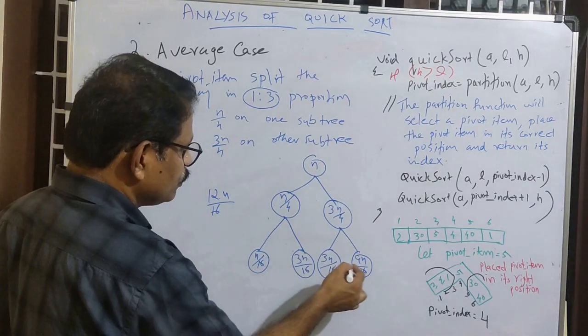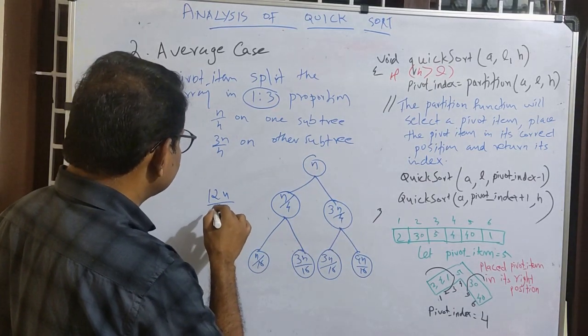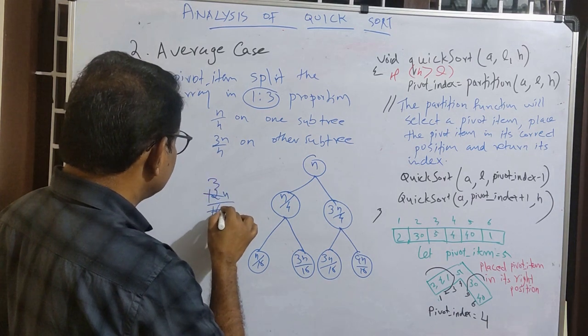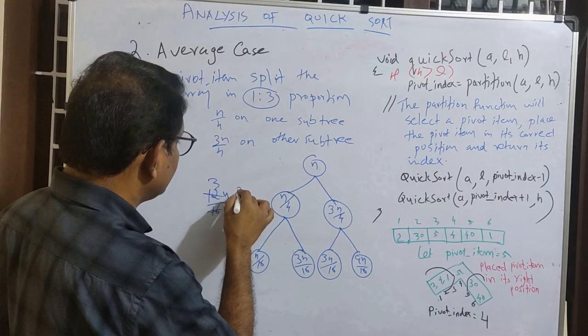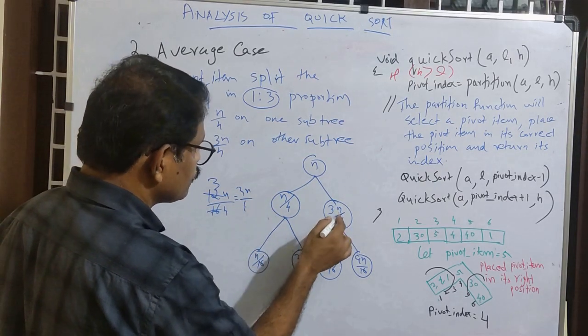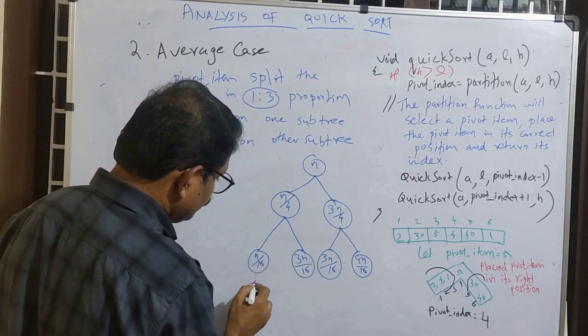If we add these two problem sizes, we should get this one. 12n by 16, let us divide by 4. Okay, 3n by 4. That is equal to this. So this is correct, and it will continue.